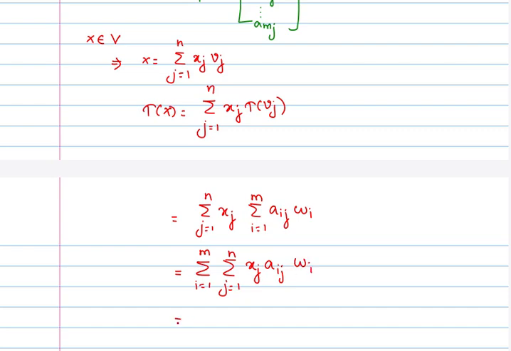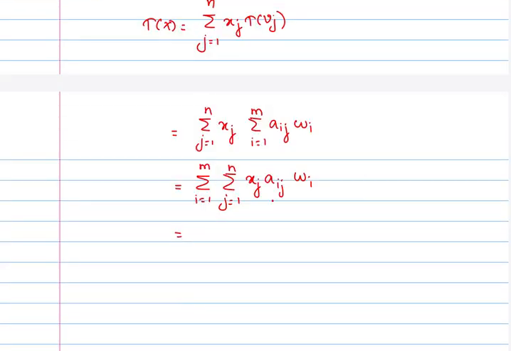These are now just numbers, so we can write aij times xj times wi. Clearly we can write this, correct? This is the key idea.